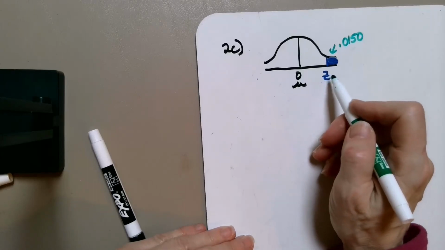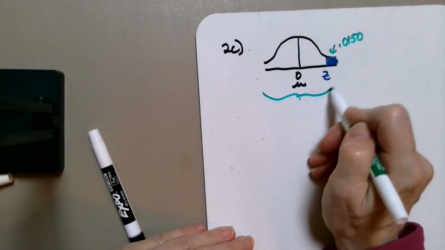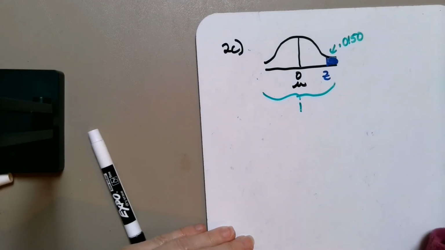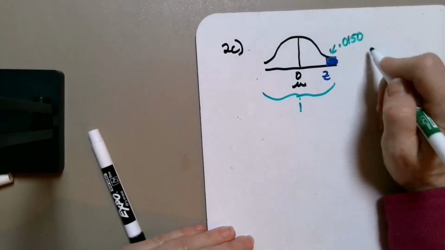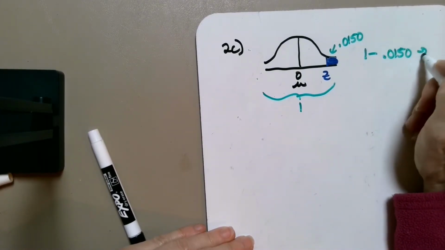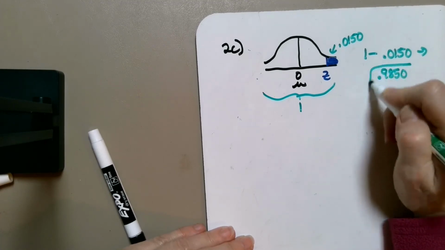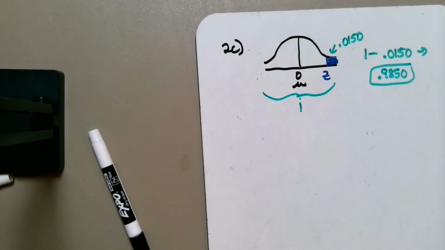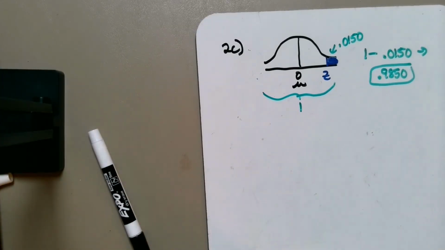If we want to know the z-score, I need to know the area to the left. So I have to use the idea that the entire area under the curve is 1 or 100%. And to get this area to the left of z, I have to take 1 minus 0.0150, the right tail, which is going to give me 0.9850. That's what I need to look up on the positive z side of the table, 0.9850.